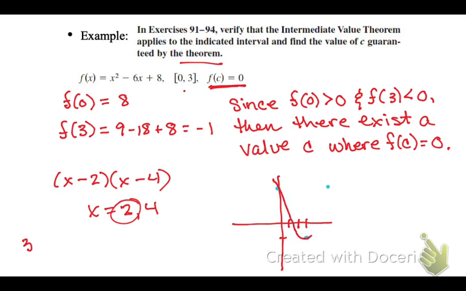So we can go to window minimum. There's only 1 zero in that interval. I got 2. Yes, the zero is 2. Yeah, because I factored and found the zero was 2 also.